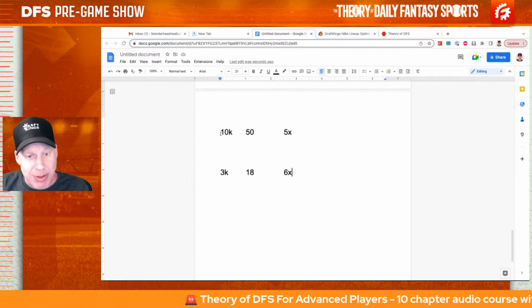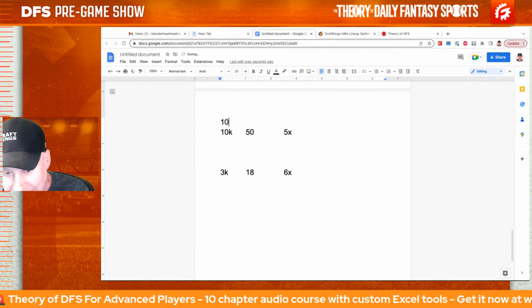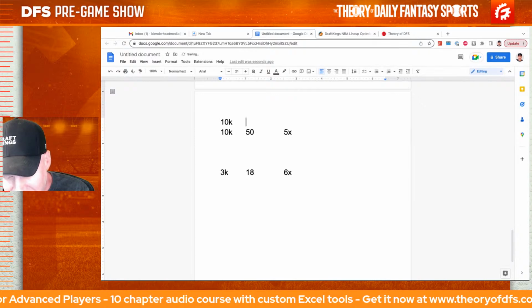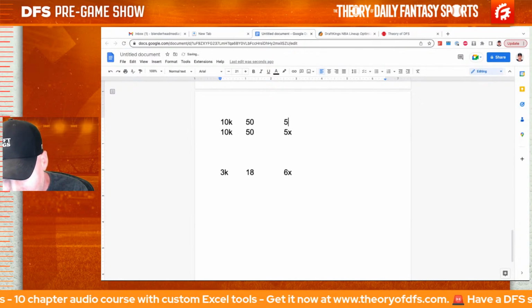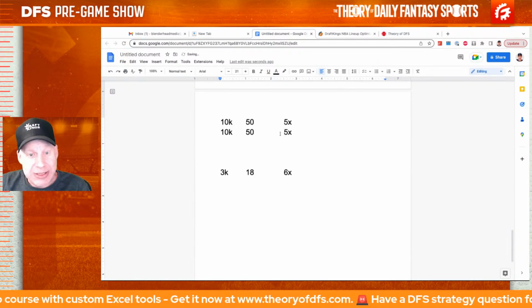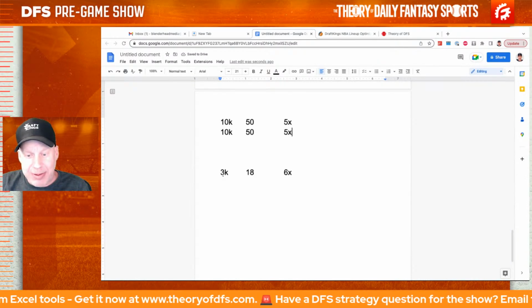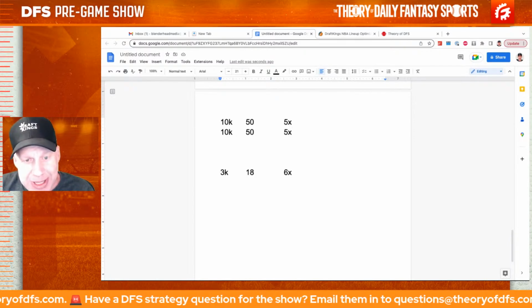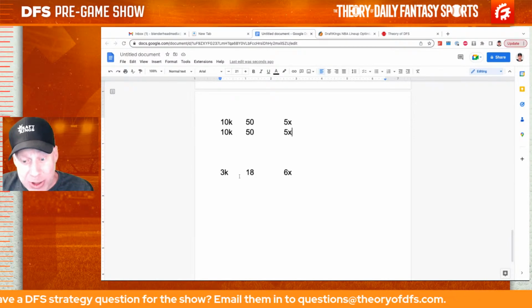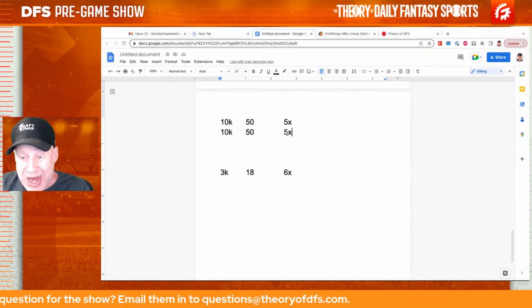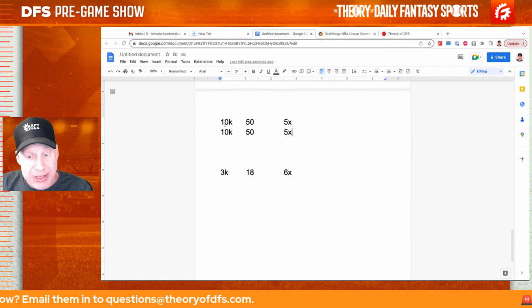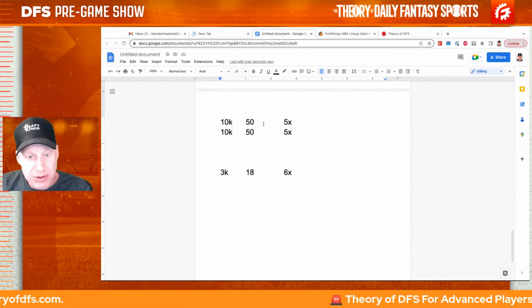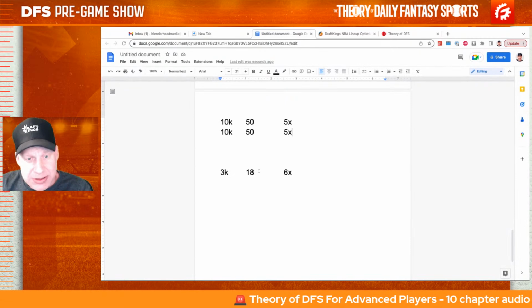I can play 2 10K players, both at 10K, and both get 5x on average as a mean projection. And I'll be able to jam in this 3K guy that on average gets 18 points. It's still probably not good enough for 3K. 5x is probably good enough for 10K, maybe not for GPPs, but close. But 3K for 18, it's not good enough.